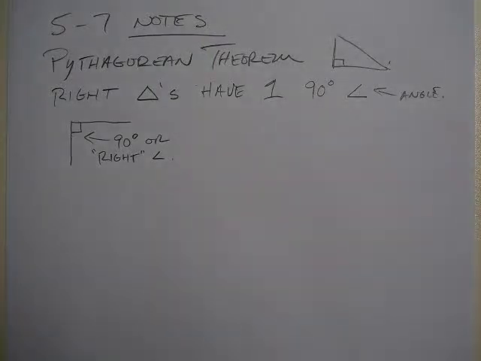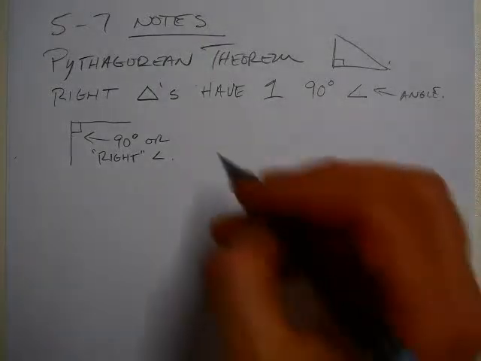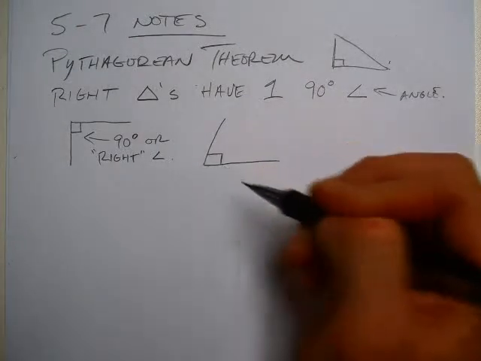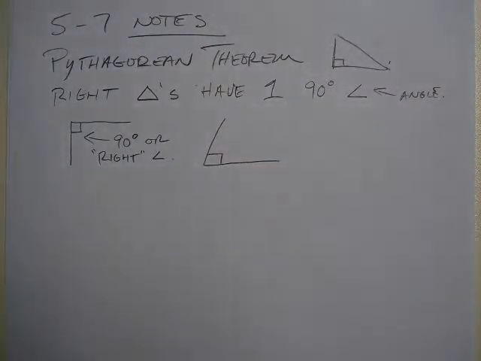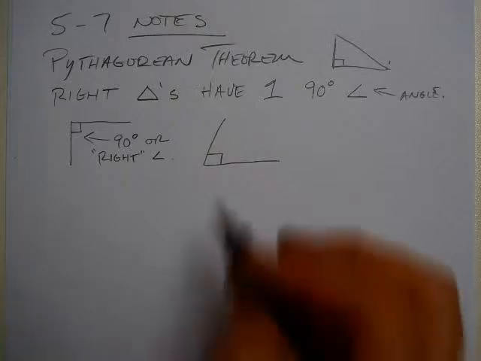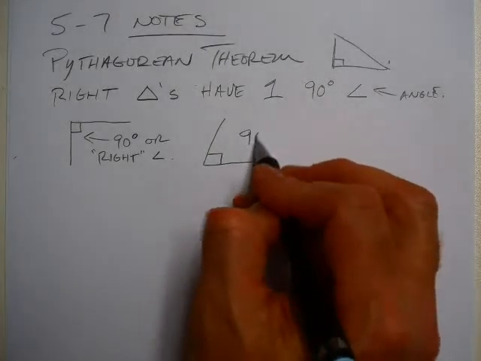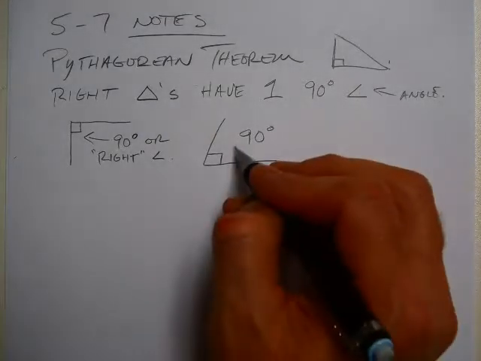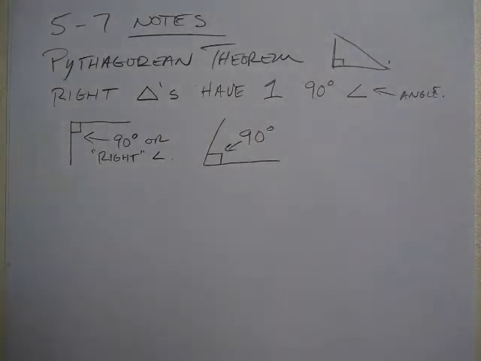If you see something drawn that doesn't look like a 90-degree angle, but it has this little box in it, guess what? It's 90 degrees. Forget how it looks. It's what this little box says. So this is also going to be a 90-degree angle. The box tells us that we're dealing with 90 degrees.